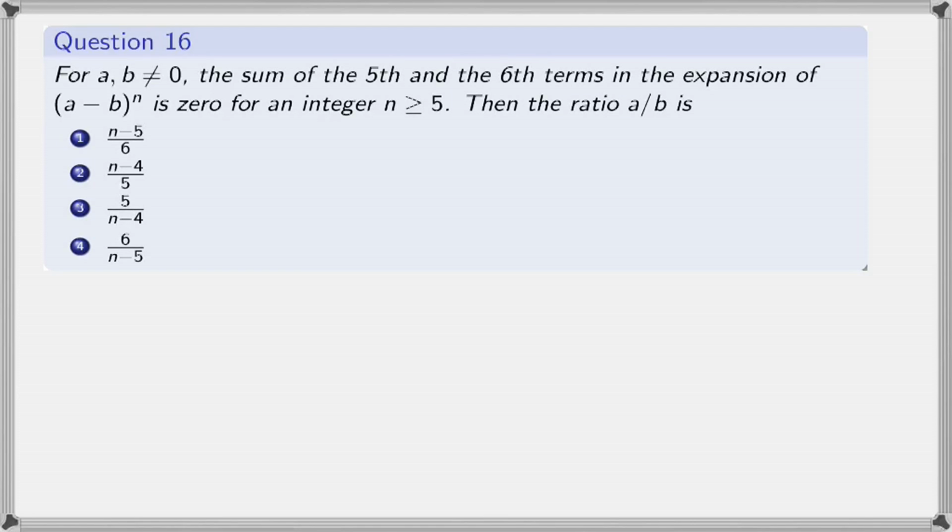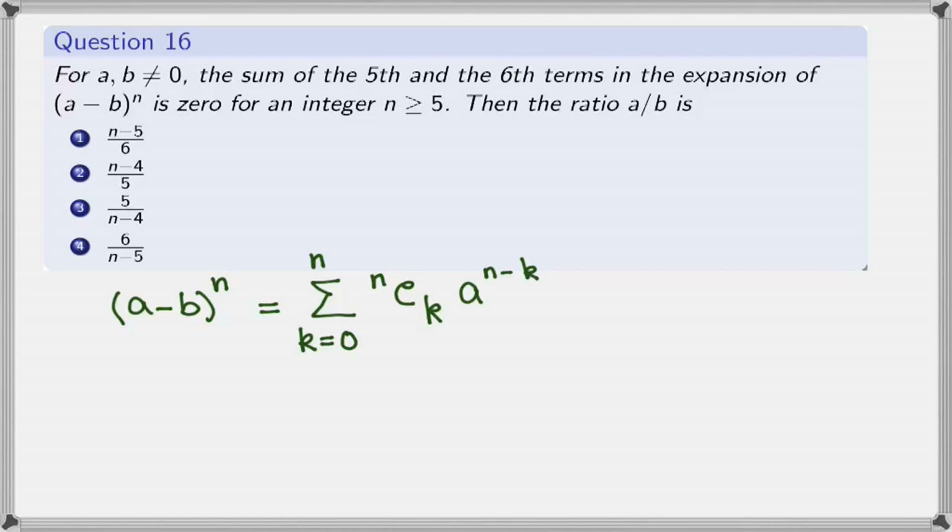We first write down the binomial expansion of (a minus b) whole to the power n. This is equal to sum running from k is equal to 0 up to n nCk a to the power n minus k into (minus 1) to the power k into b to the power k.